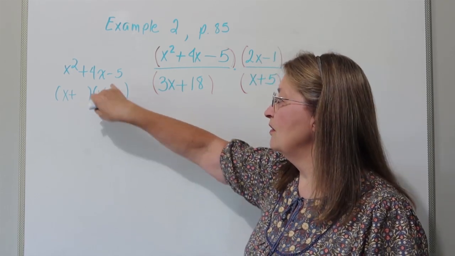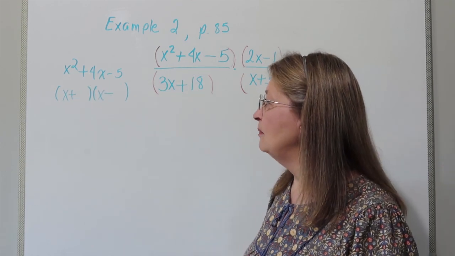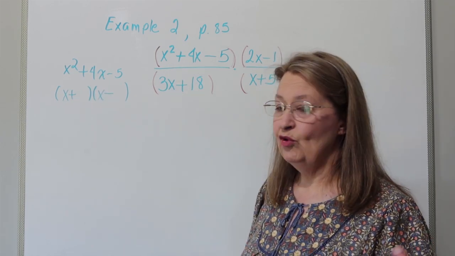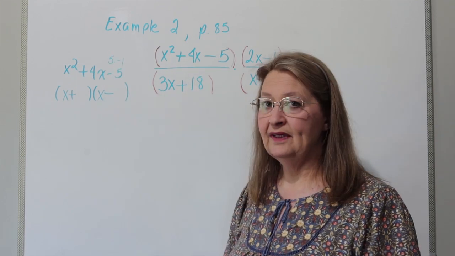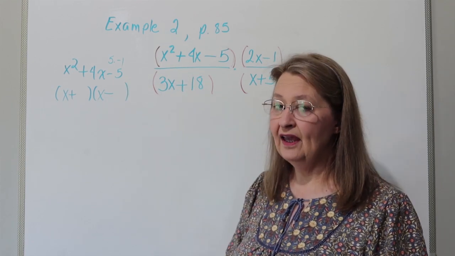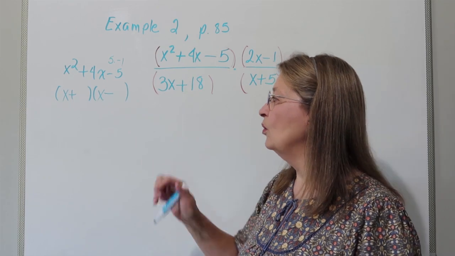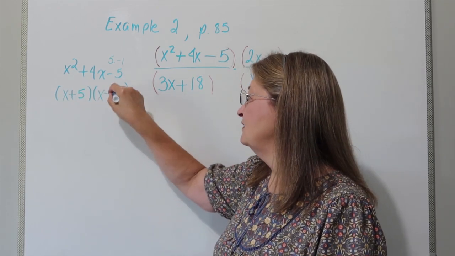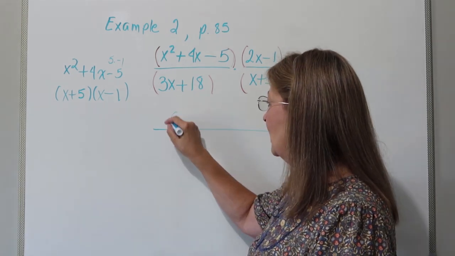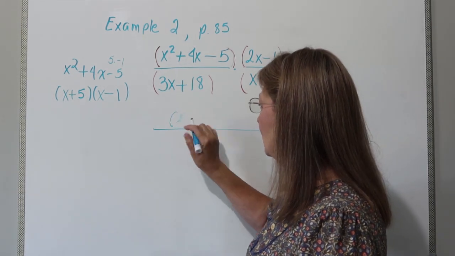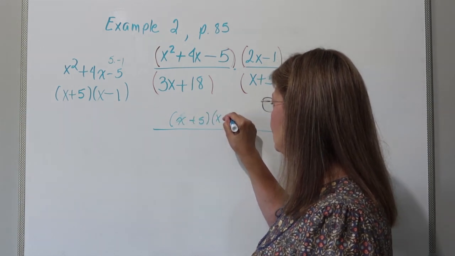These two numbers have to multiply to give me negative 5 and add up to give me positive 4. Well, what about positive 5 times negative 1? Isn't that negative 5? Yes. Isn't positive 5 plus negative 1 equal to positive 4? Yes. So that's going to be there. This is going to become my new numerator. I'll rephrase it as x plus 5 times x minus 1.